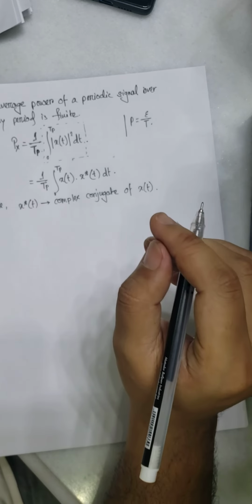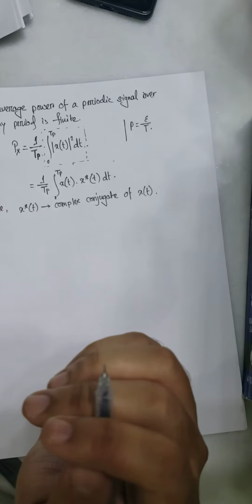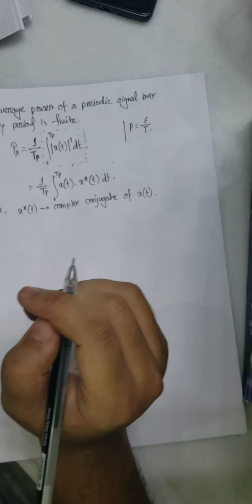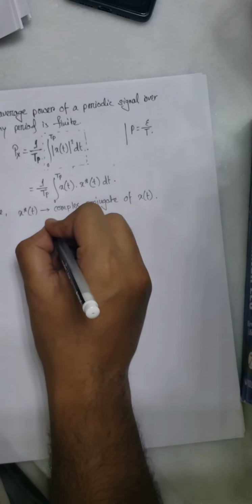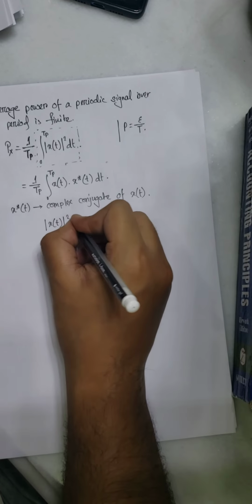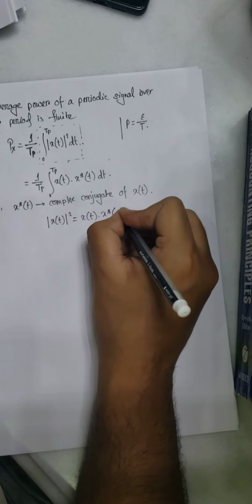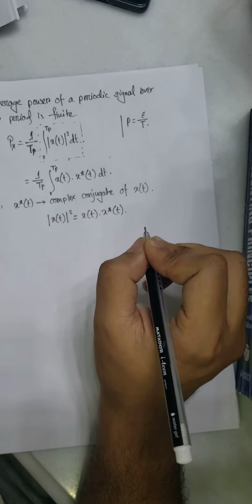Now, recollect your basic AC and DC circuit analysis course, where you have learned that the signal x of t squared can be written as x of t multiplied by its conjugate counterpart.